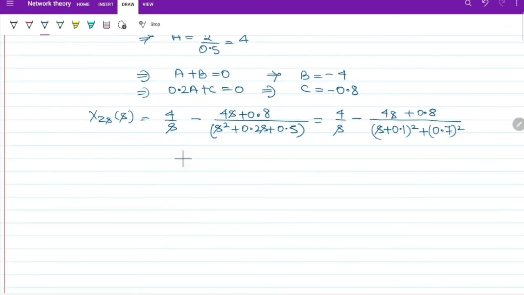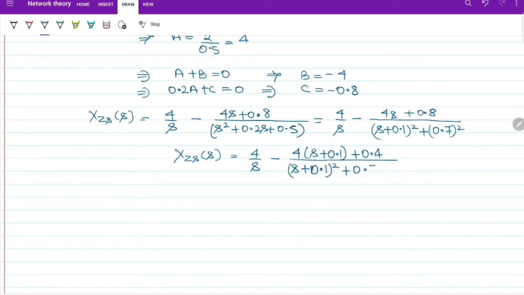So we can write this x zs of s as 4 by s minus 4 s plus 0.1 plus 0.4 divided by s plus 0.1 whole square plus 0.7 whole square.